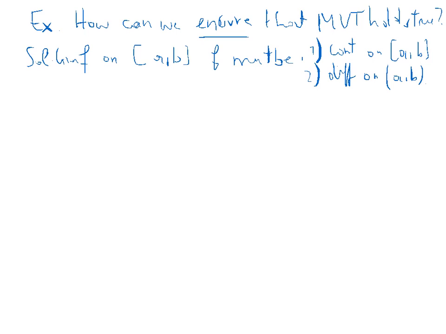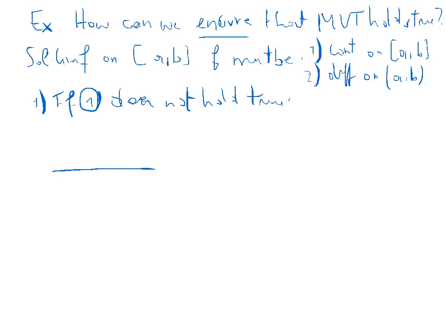So let me give you the example. Say condition one does not hold true. For instance, the function is not going to be continuous on this interval. We want an example as simple as we can of a function f which is not continuous.